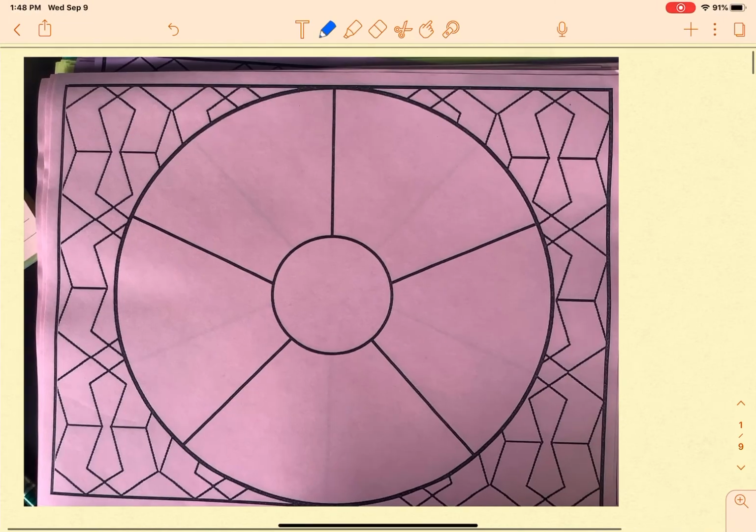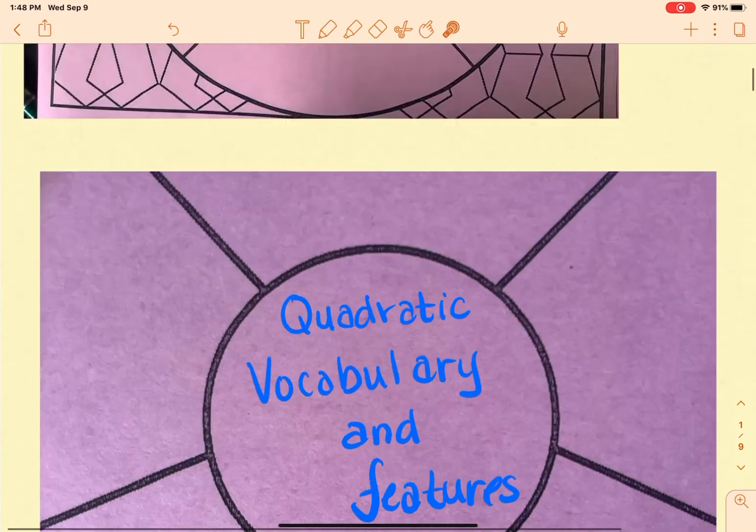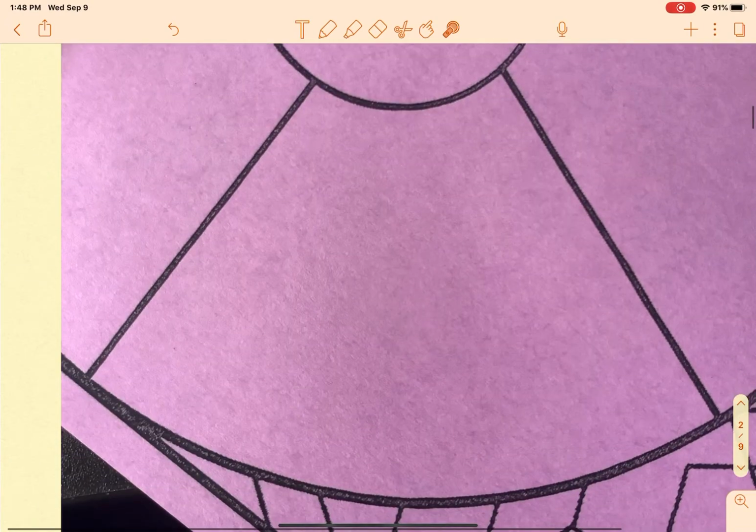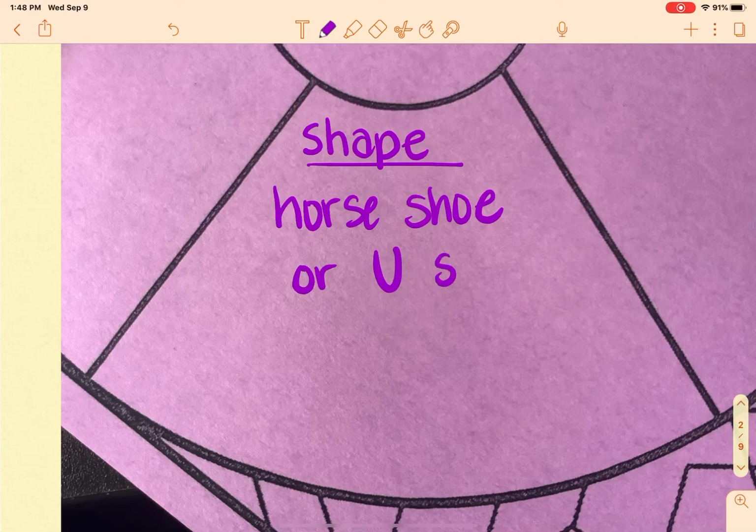And again, it doesn't matter which one of these that you start with. I would just say wherever you're going to start, then just move around the circle so that at least it's in some order from the way that you did it. So I'm going to go to my first box. The very first thing that I want to talk about is the shape. If I'm talking about a quadratic, it has a horseshoe or a U shape.